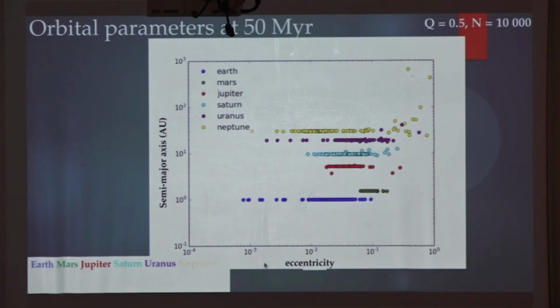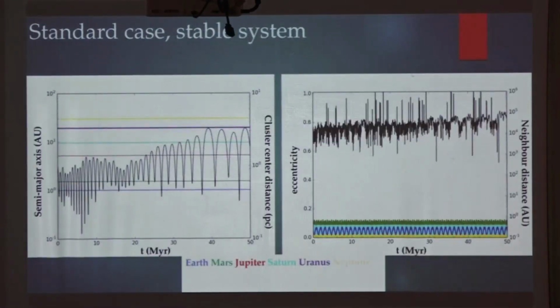But as you see, we have these nice elements here, Earth and Mars, that seem relatively unperturbed. This is because Jupiter eventually acts as a shield. This is the gravitational shield that does not let Earth and Mars be perturbed. But this is not always the case, as we will see in a little while.